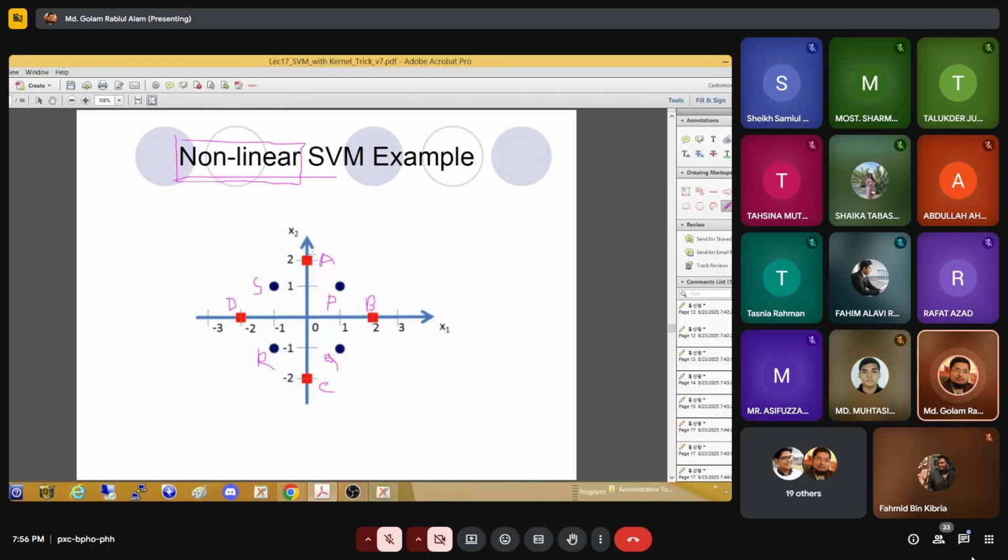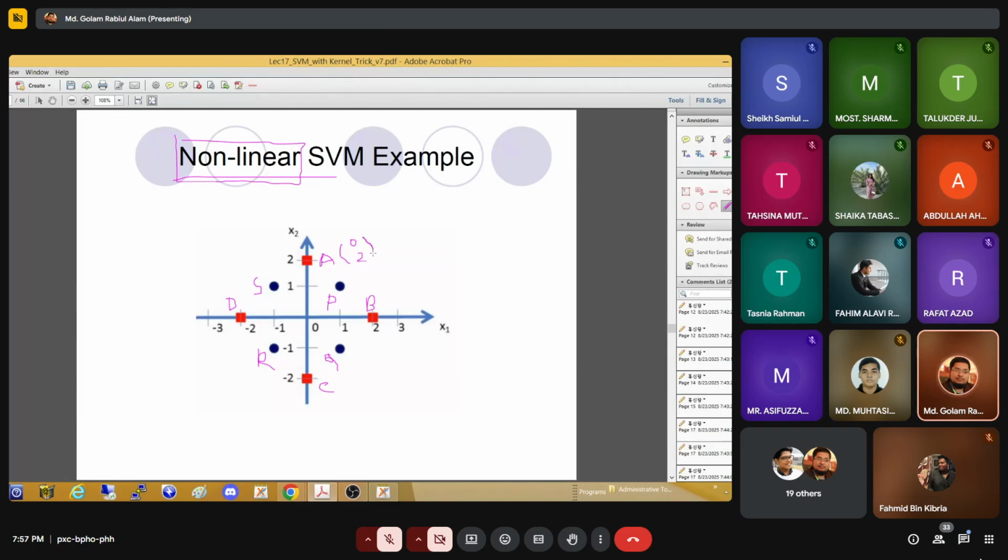So now A is a positive class instance, and what's the vector for that? We have only two features, x1 and x2, or we can say feature x and feature y. For vector A, the value of x is 0 and the value of y is 2.